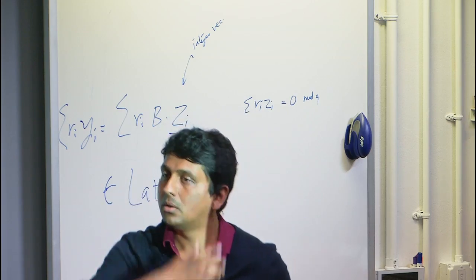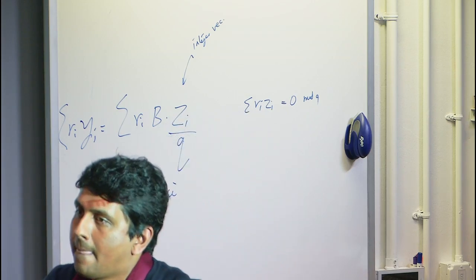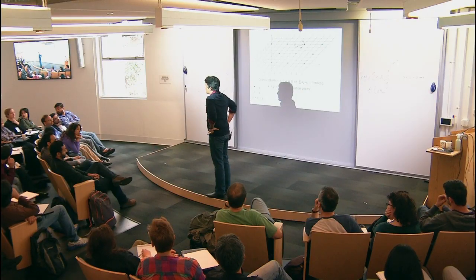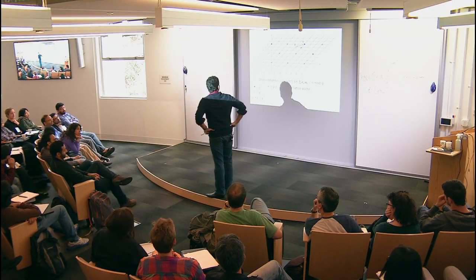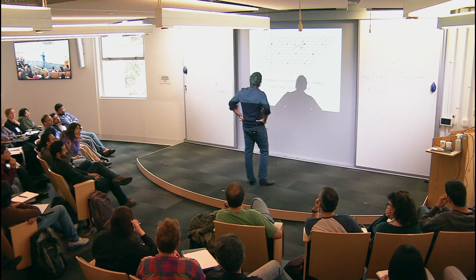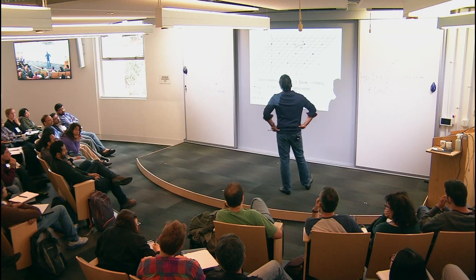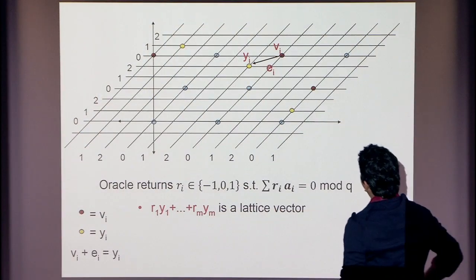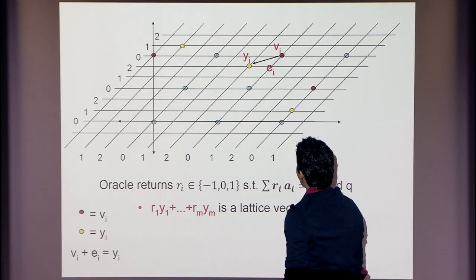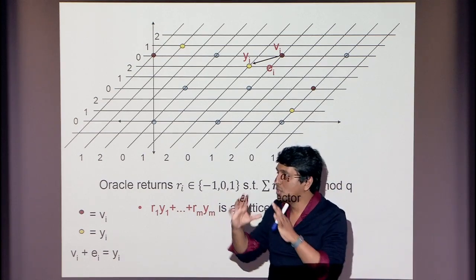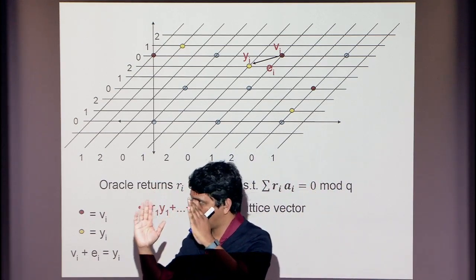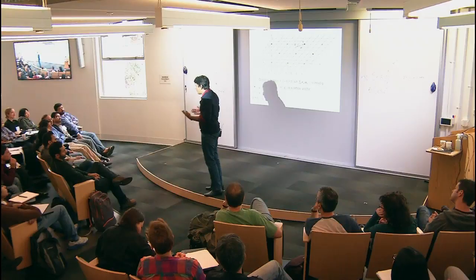I didn't understand why you needed to choose Vi at random and not just take one lattice point and sample the Gaussian around it. Well, the point is, I want uniformity in this. So essentially, what you say works.